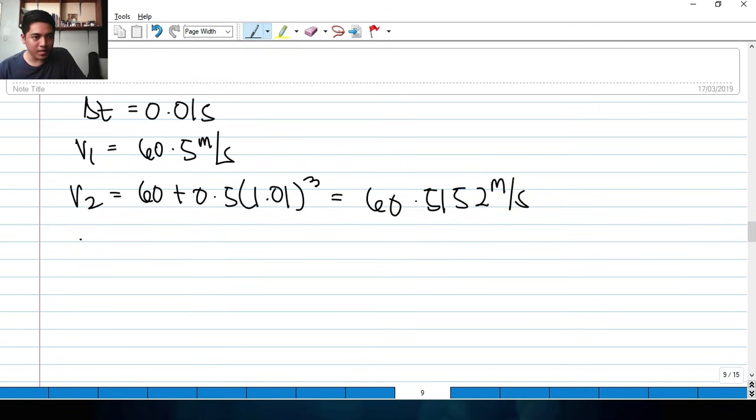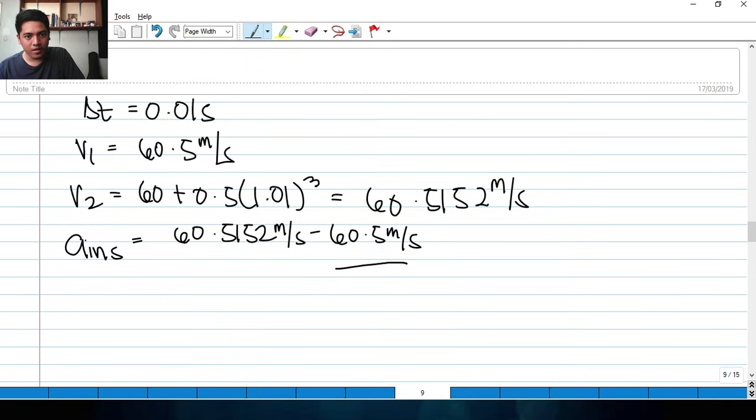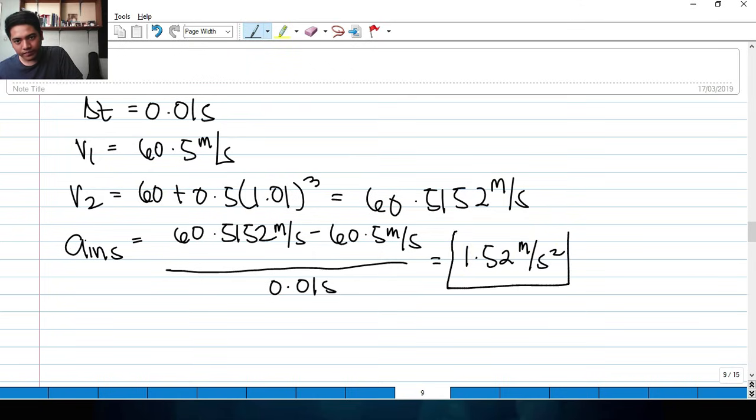So to get the instantaneous acceleration, 60.5152 meters per second minus 60.5 meters per second divided by our delta t, now 0.01 second. If we calculate that, that is 1.52 meters per second squared.